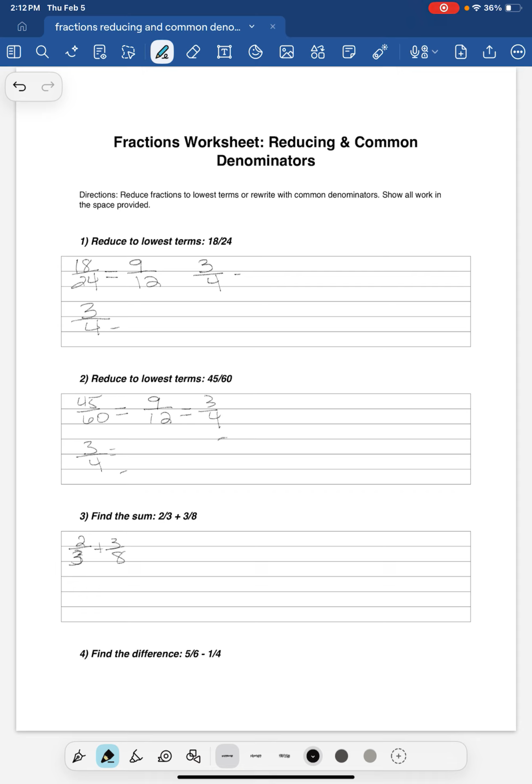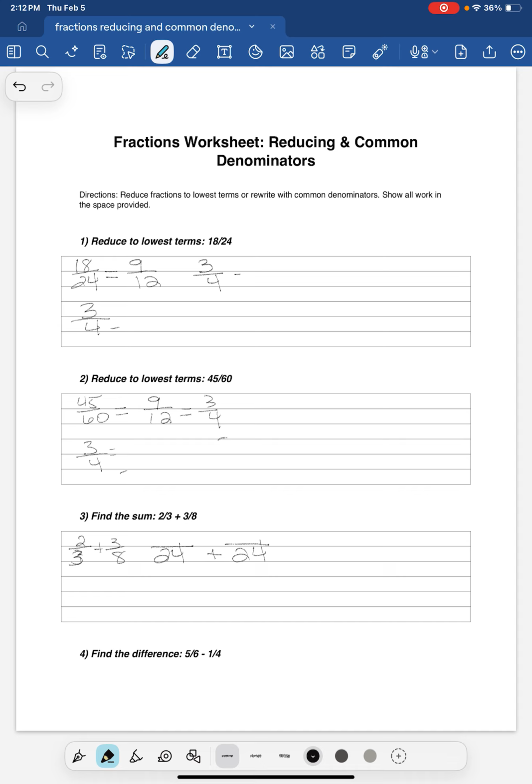What can you multiply both these numbers by and end up with the same number? With these two numbers, you multiply them by themselves, because 3 times 8 is 24. That is not always true. It's not going to be true in the next one. I will show you. But that number is the number that we need to use for the denominator for this problem.